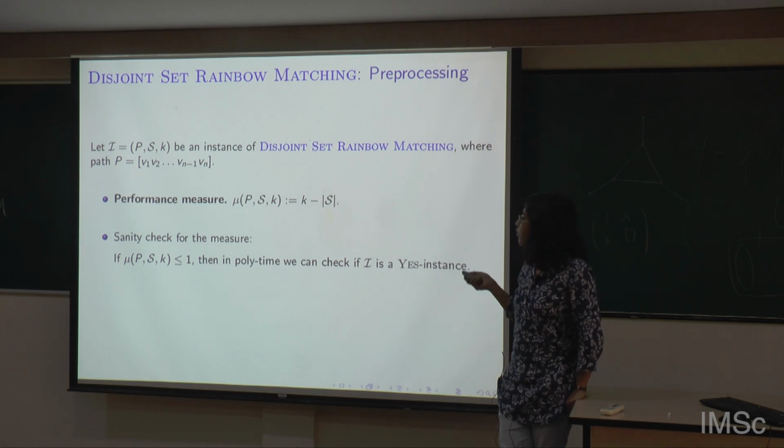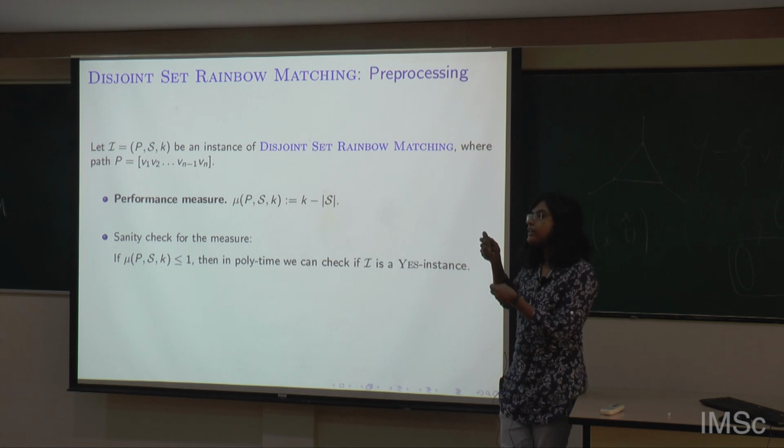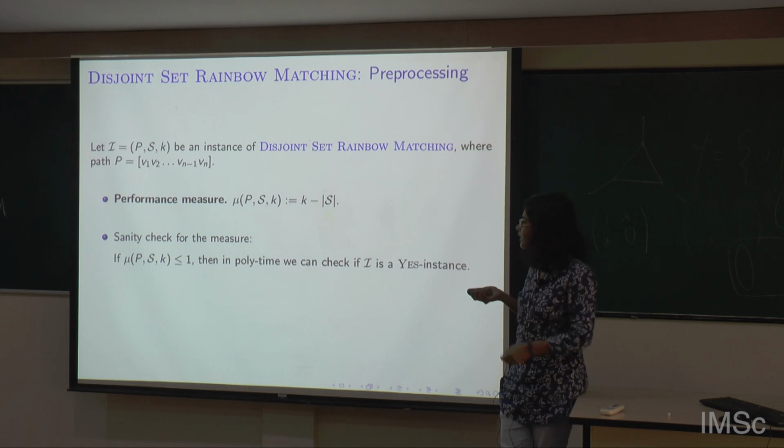And if it is 1, we have to pick exactly one edge from the path P, and we can do that: we pick every edge and see if we can find a matching which does not have this color. So if the parameter is less than or equal to 1, this can be done in polynomial time.